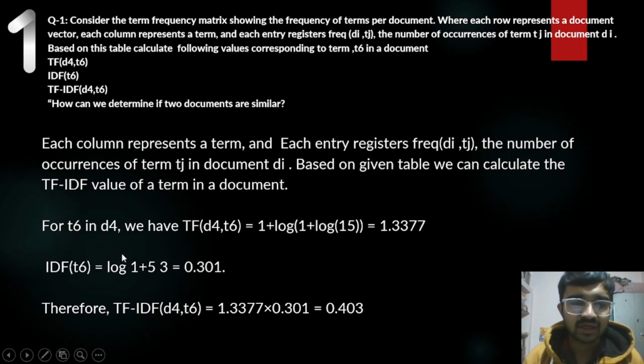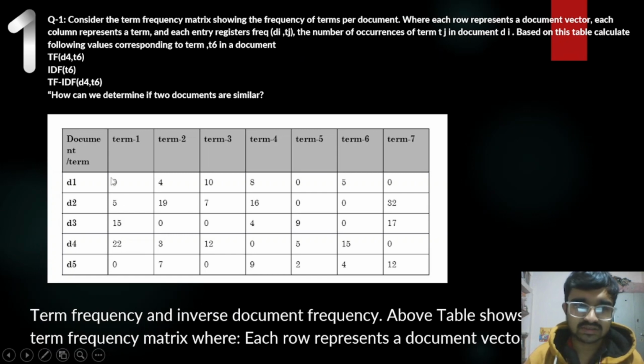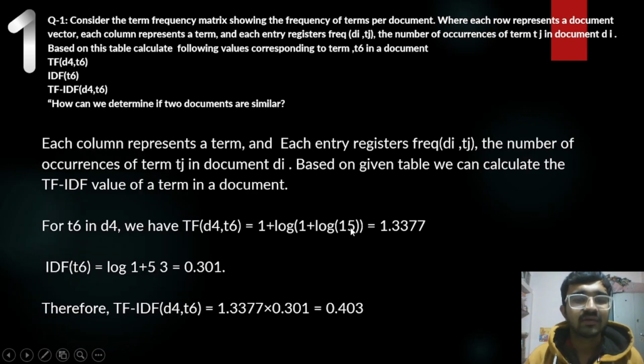Then we similarly calculate the value of IDF of T6, which is the log of 1 plus 5 divided by 3. That is, the number of all documents, 5, plus 1, divided by the number of documents in which that term is present. It is present in 1, 2 and 3 documents, so that's why we have done 1 plus 5 divided by 3.